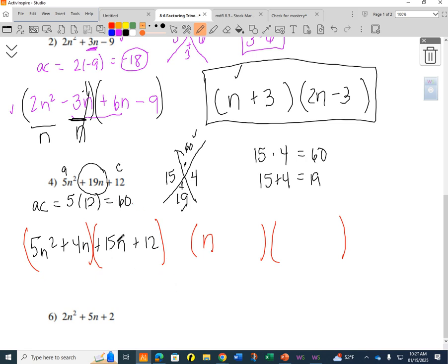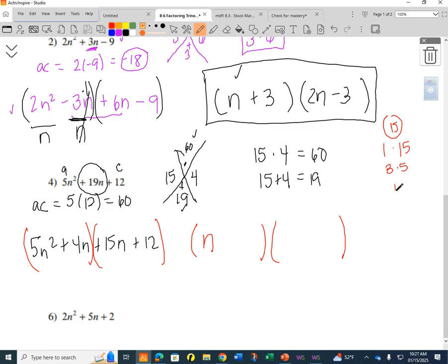What's the biggest common factor of the last group, Brooklyn? Remember, if you get stumped, if the teacher puts you on the spot and you get a little nervous, list the factors. 1 and 15, and 3 and 5. Those are the factors of 15, right, Brooklyn?